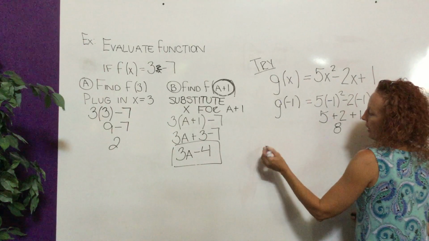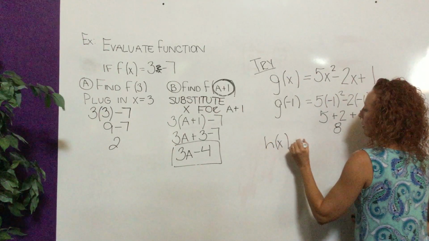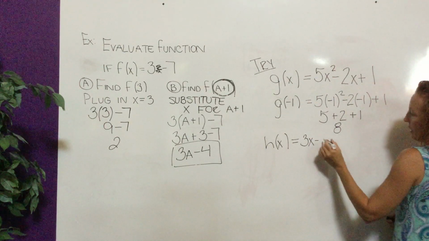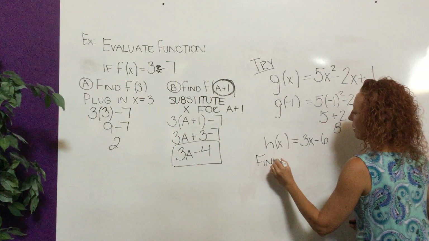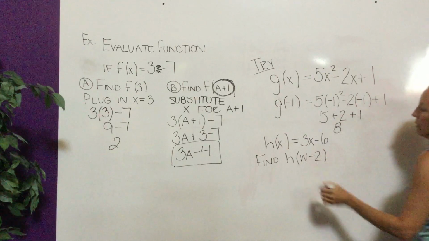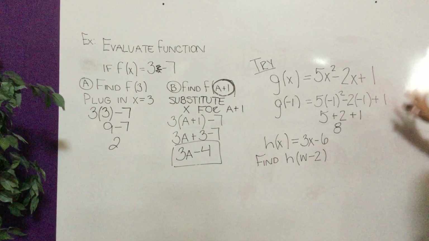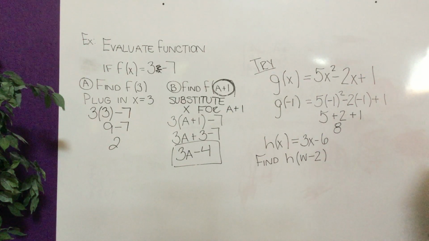Let's try maybe h of x equaling 3x minus 6, and if you need to find h of w minus 2, you can try that one. What I had originally set up was going to mean that you were going to need to FOIL, and it didn't need to be that complicated.